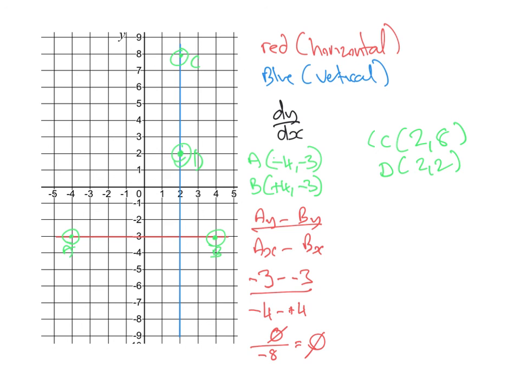And then we're going for blue. So we know it's dy over dx for C and D, so cy minus dy over cx minus dx.